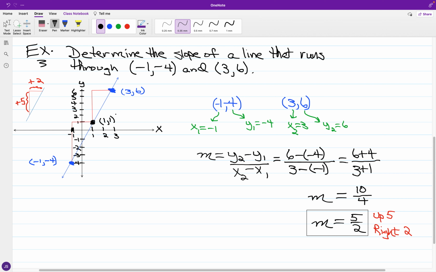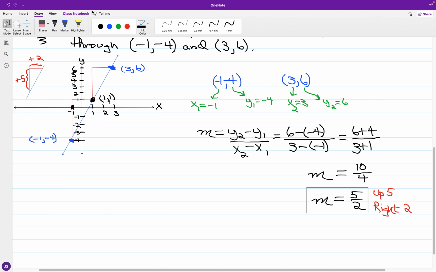And shifting over to the right 2 units, I'm going from x equals 1 to x equal to 3. So you have an up 5, right 2. And to stay on the line, you're going to maintain that particular cycle. Okay, so for this line, we come out with the slope at 5/2. And now for what we have regarding the equations of given lines.